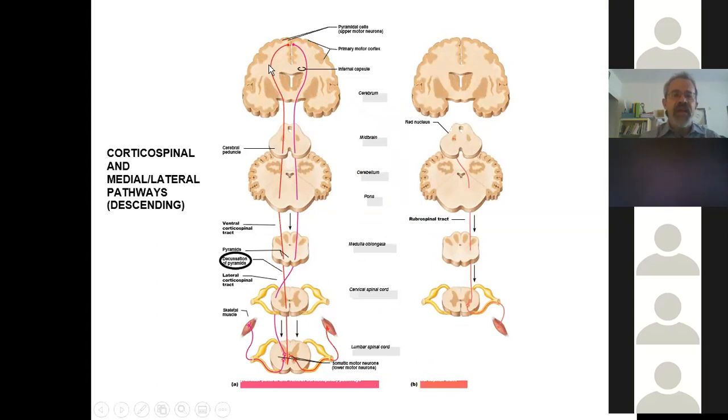Like here's the left side of the brain, here's the left side of the spinal cord. But then there's a time when these nerves will cross over. Where they cross over is called the decussation of pyramids, or the pyramidal decussation.